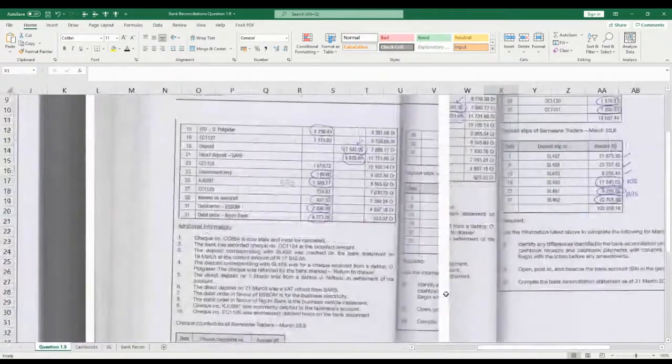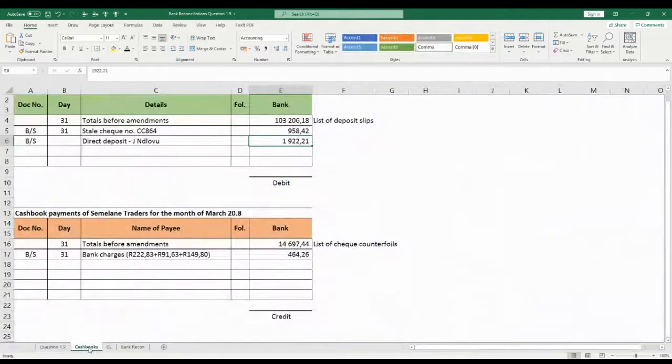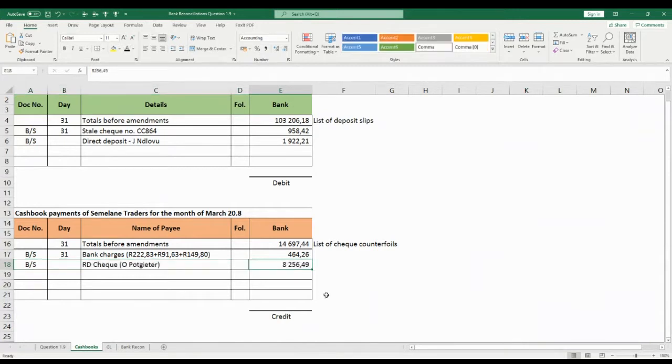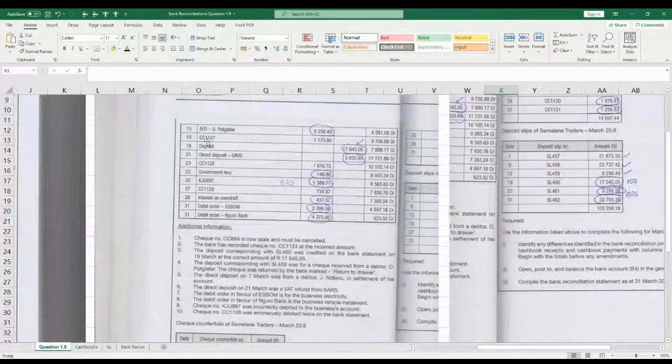Then if we move over to the other entries, we see there's an RD check for O Portreater. When a check bounces, initially we would have had it in our cash book receipts, but if it is rejected, then it goes through our cash book payments entry, and we add it to that to net off the initial receipt we indicated.